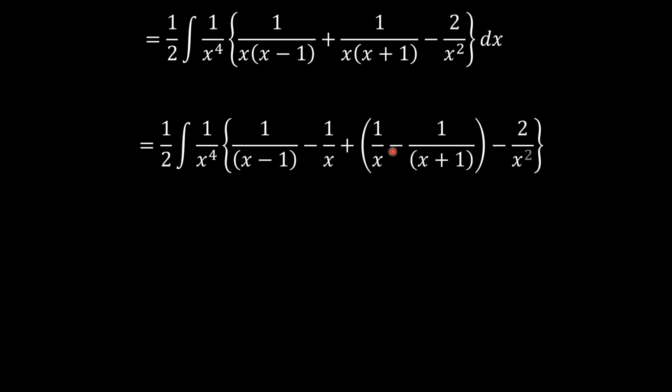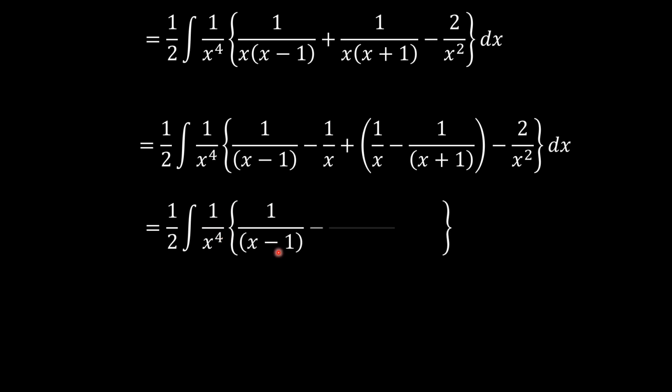So you see this plus and this minus means that we can pull this minus out here, and this negative 1 over x plus 1 over x, they cancel each other. So we're left with half times the indefinite integral of 1 over x to the fourth, 1 over x minus 1 minus 1 over x plus 1 minus 2 over x squared.